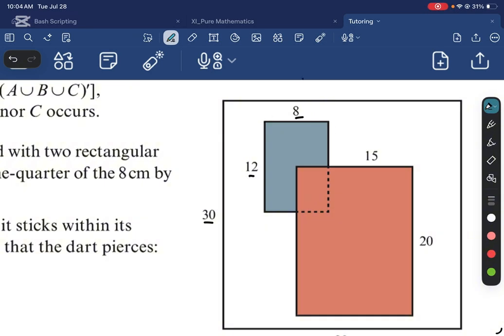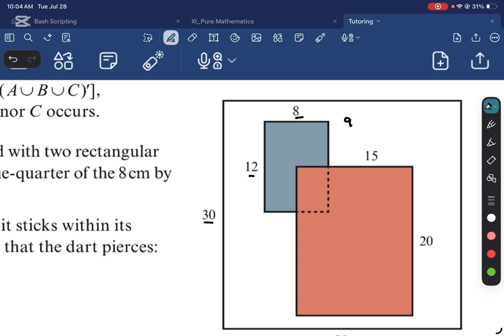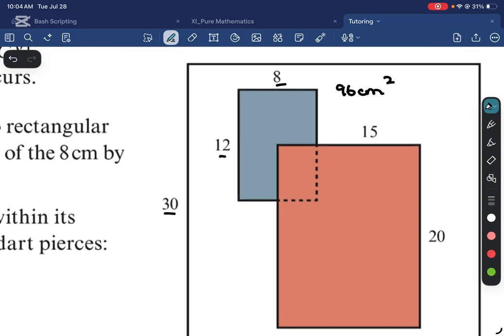So the area of this blue section is 96 centimeter squared. And it says that the 15 by 20 centimeter card covers 1/4. So that means I need to do 96 divided by 4. And this area is 24. And now, because it covers half and half here, right?